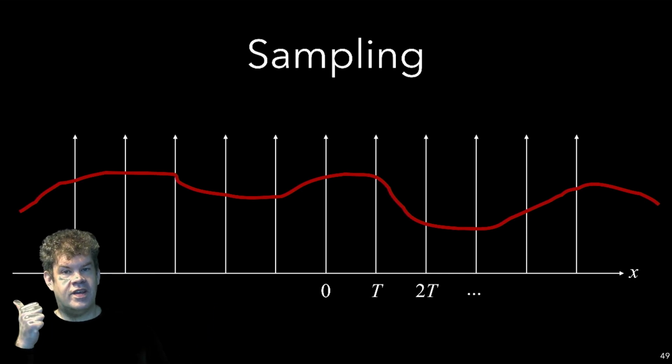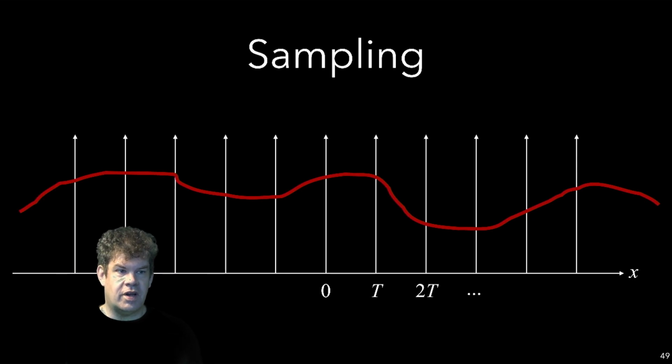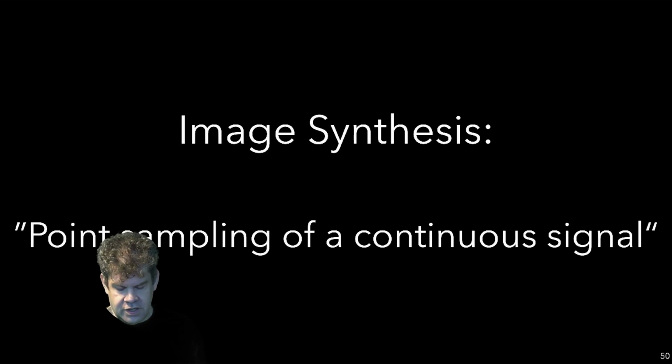Okay, now what does sampling and what do aliens have to do with computer graphics? Here's the thing. Image synthesis, let's get this out of the way, is nothing but point sampling of a continuous signal. So what do I mean? Well, what is your image on screen? Today you're all sitting in front of a raster display.